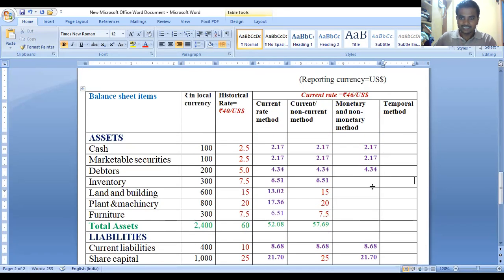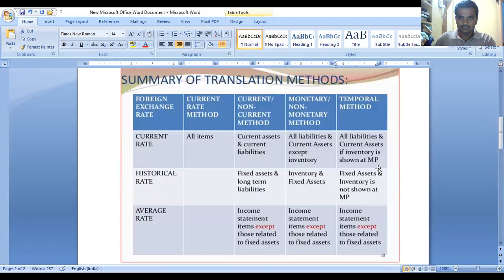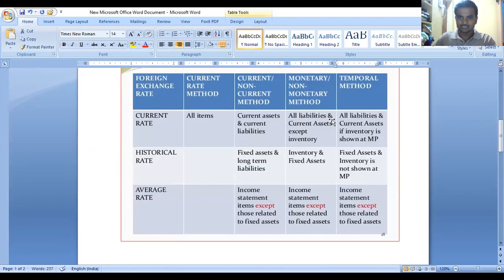Then inventory and all the fixed assets should be converted at the historical rate.